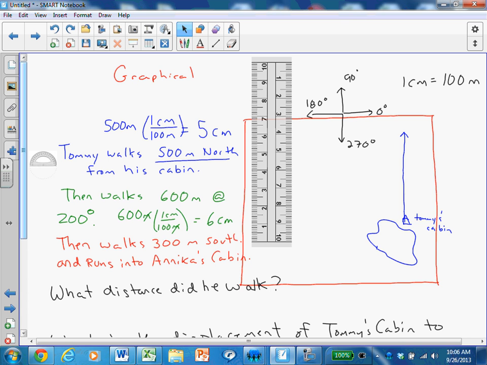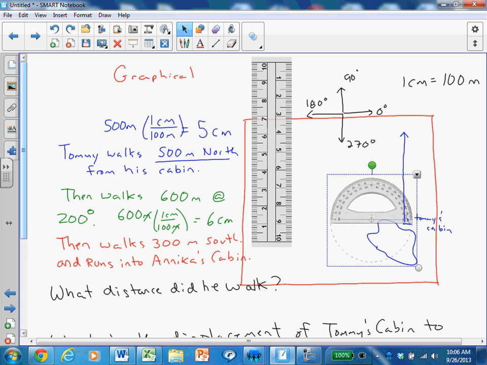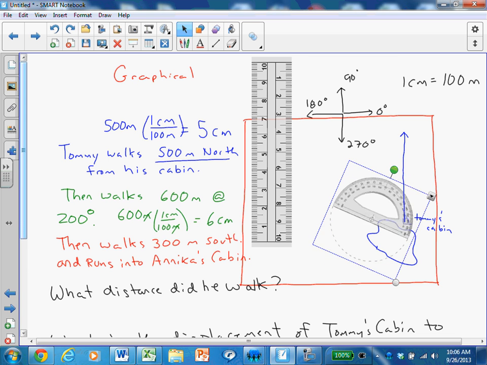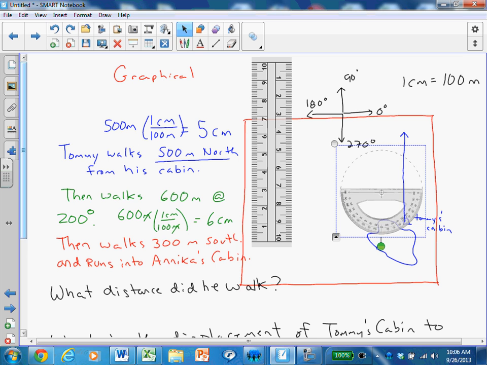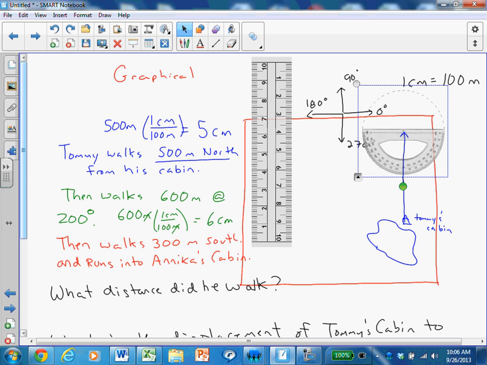Now the angle is, you go to the tip of the arrow where he left off, and he's going to walk 200 degrees. So 200 would be, let me make this so we can look at it.